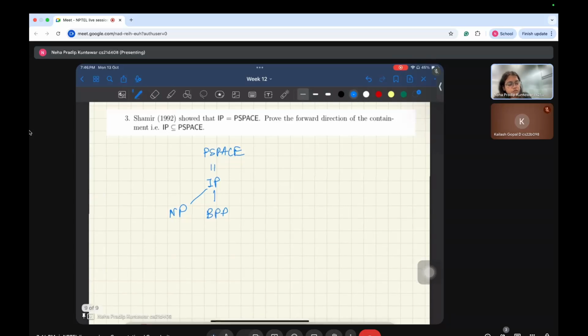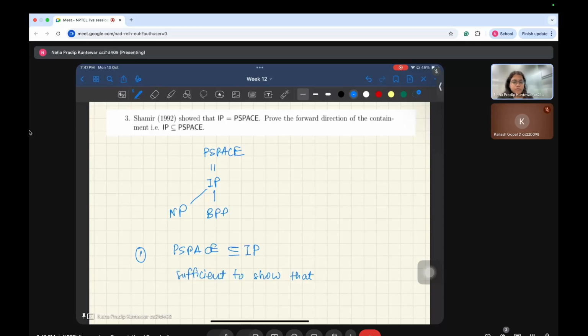If you want to show that PSPACE is contained in IP, then it's sufficient to show that a PSPACE-complete problem is in IP.